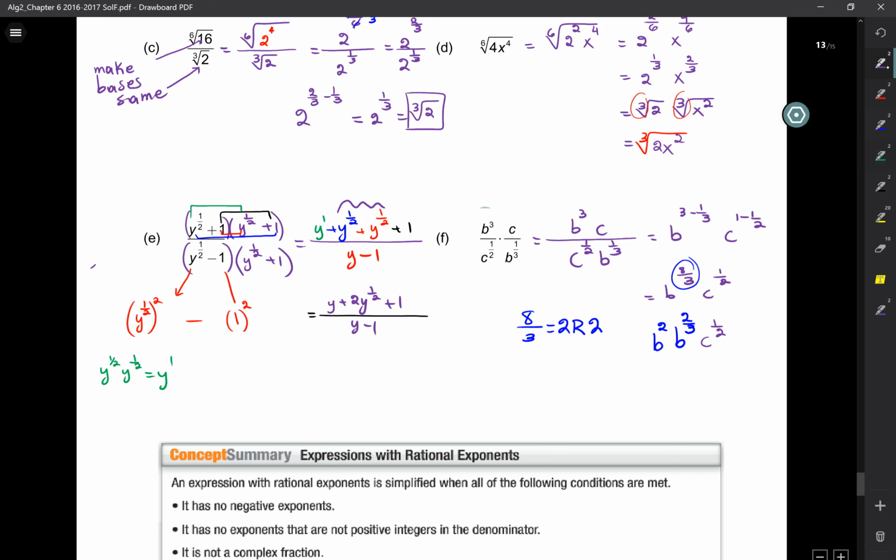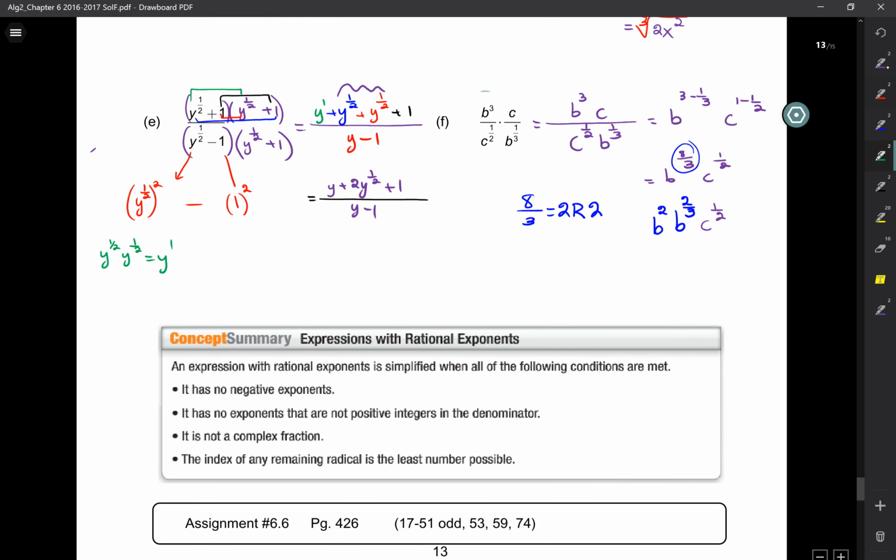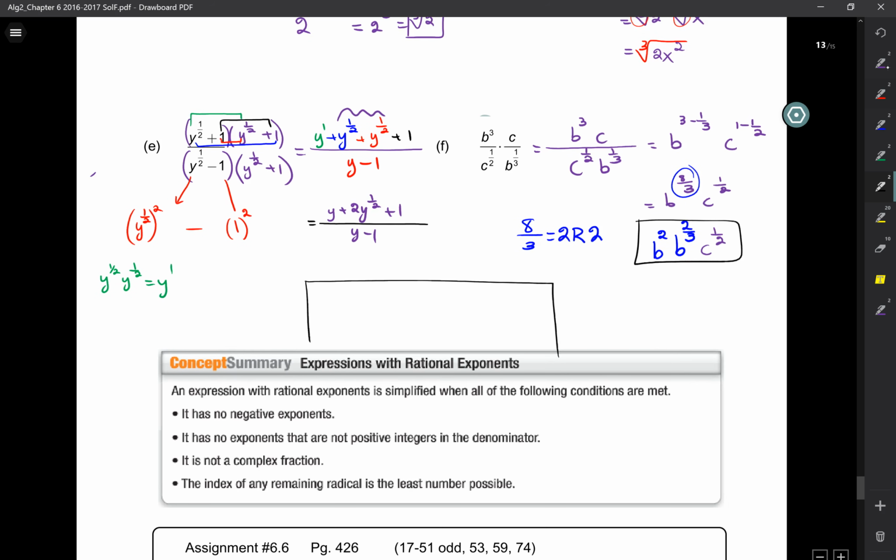All right, so here's a couple for you guys to do. This one here is the answer. So I want you to simplify a to the power of 17 over 3.